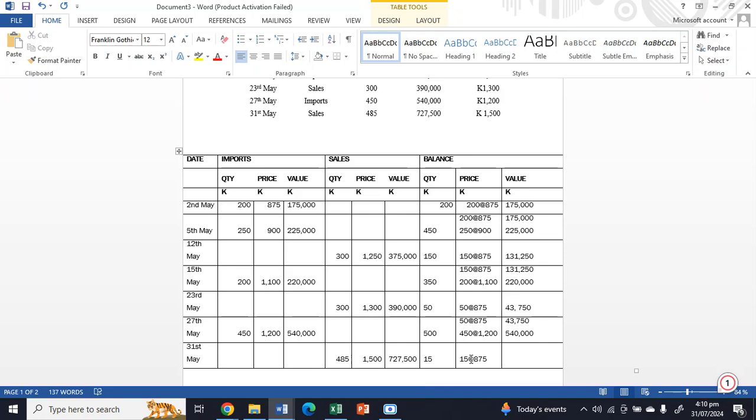So we're going to do 15 times 875. 15 multiplied by 875, that's going to be 13,125.